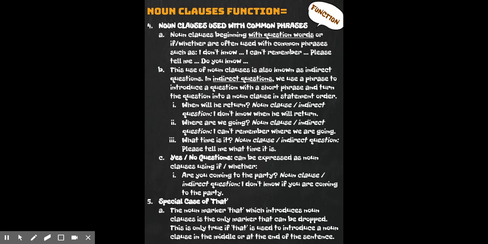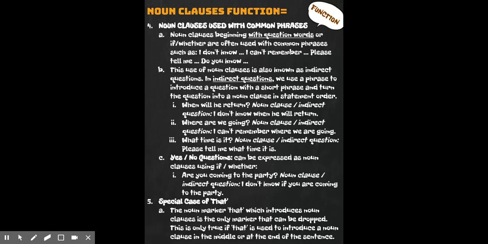I don't know if blah blah blah. So "I can't remember," "please tell me," "do you know?" Those are common phrases that noun clauses typically hang out with, okay? So "I don't know when he will return." When he will return is the noun clause, and it's saying what you don't know, okay?